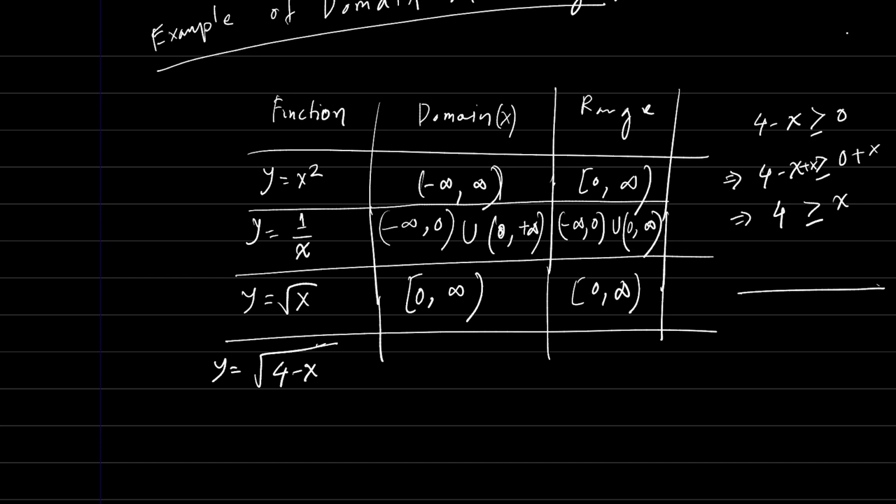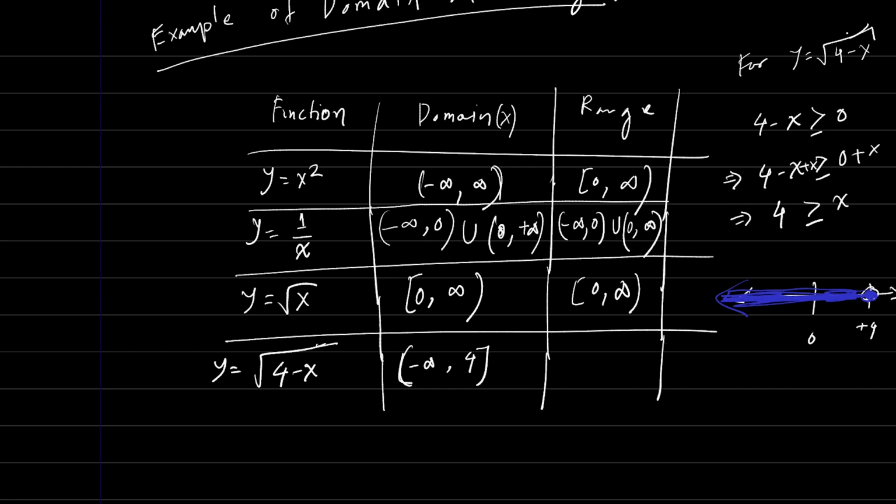How does this look on the number line? On the number line, this is 0. Let's say this is plus 4. So including 4, any smaller number than 4. Yes, like this. So the domain would be from minus infinity up to and including 4.